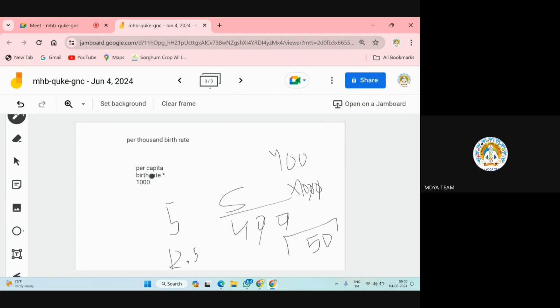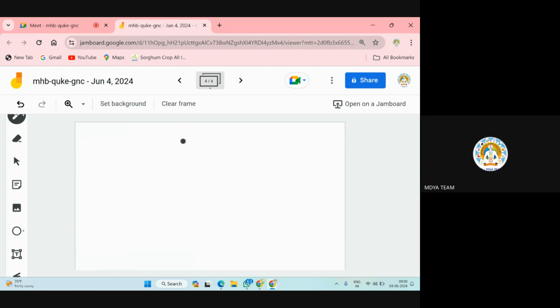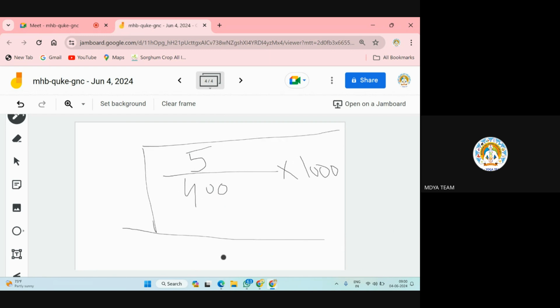No. How to calculate per capita birth rate? Just you need to write the number of births, 5 children born, divided by total population. So you will get per capita birth rate. Now multiply it by 1000, you will get per thousand birth rate. And it will be 12.5.